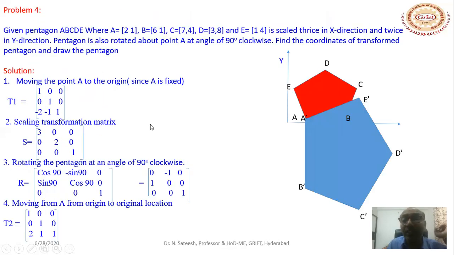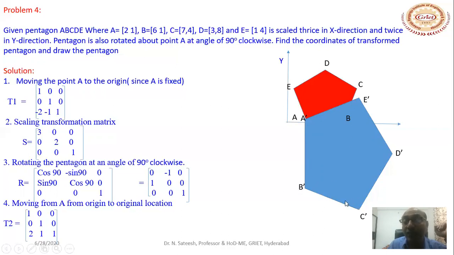Going back, if you draw this transformed pentagon with the found coordinates, we get this blue pentagon, because it is thrice the size in the x direction, twice the size in the y direction, A is fixed, and it is rotated clockwise about the z-axis by 90 degrees.